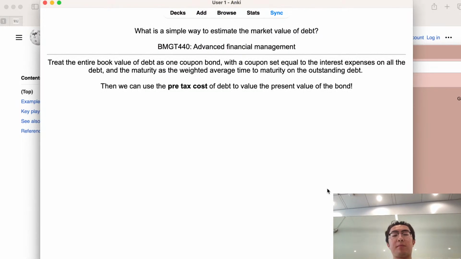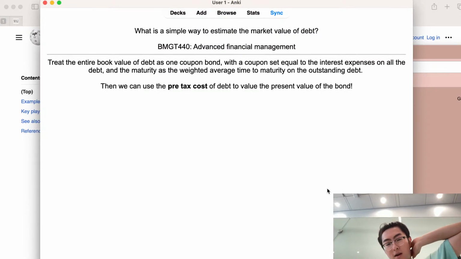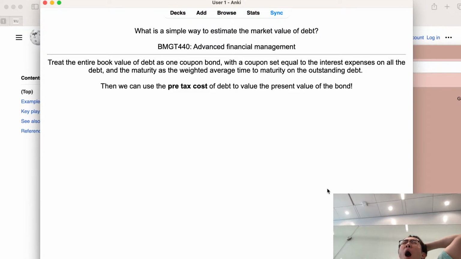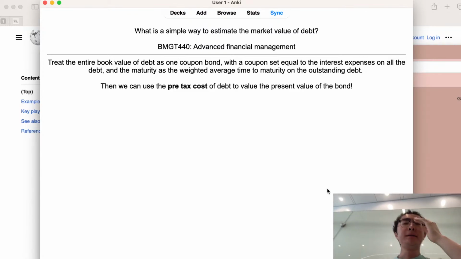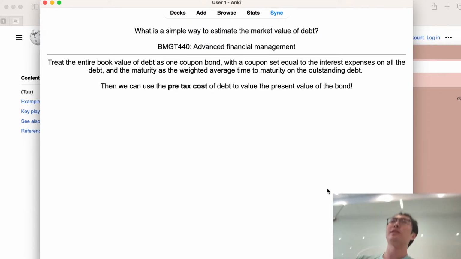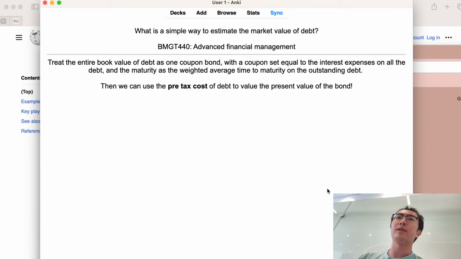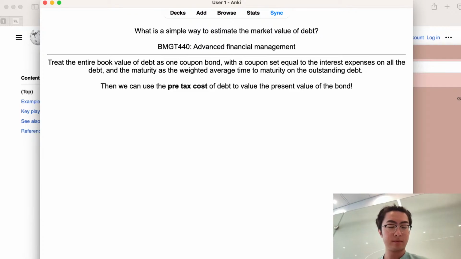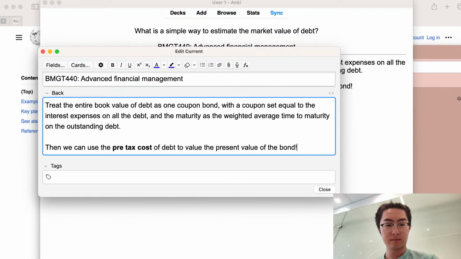Why do we want to use the pre-tax cost of debt? I think the reason is because in this case, you're thinking about it as the bondholder, you're receiving these coupon payments. You're actually generating income from this. It's not something you have to pay out. So there really is no tax benefit here. Why?